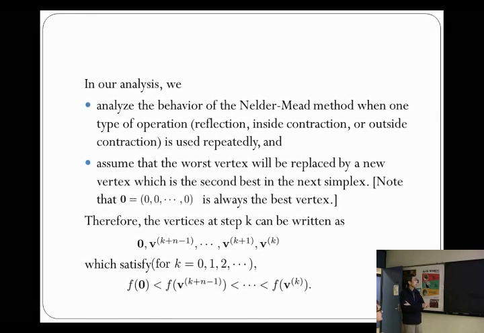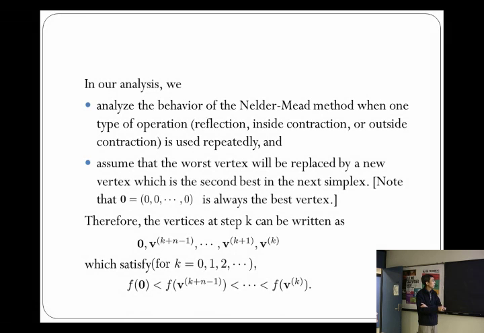In this case, we can write the vertices in this form. So essentially, in the next simplex, the worst one will be replaced somewhere here. This is the second base, the second base to the worst.